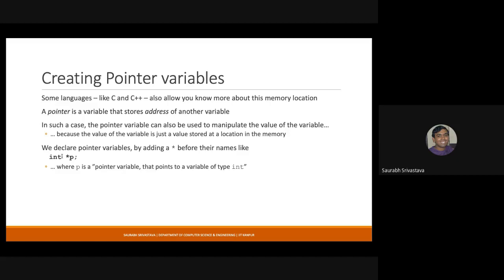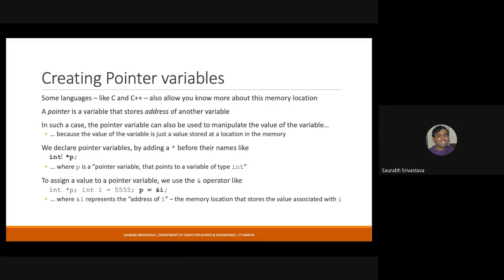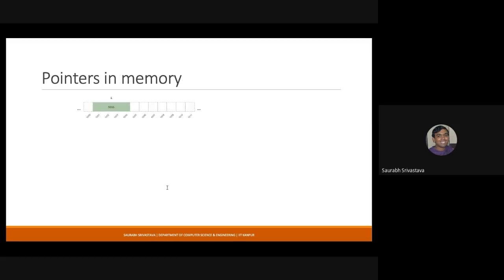This type means the actual type of variable to which the pointer can point. To assign a value, which of course has to be an address and not a typical value, you use the ampersand operator. The syntax is something like this: p is equal to ampersand i. This is a schematic.